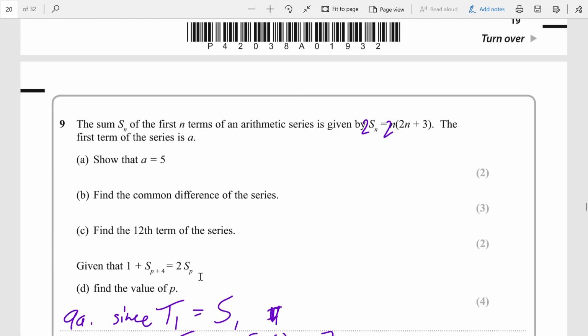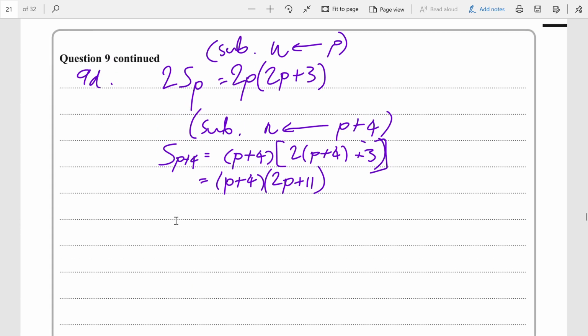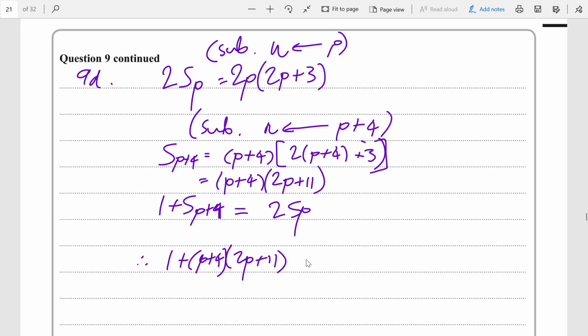So next we're going to write this equation out and solve it, because it looks like it's just going to be a quadratic equation. So for 1 plus S(p plus 4) to be equal to 2Sp, it's going to be 1 plus (p plus 4) times (2p plus 11) is going to be 2p times (2p plus 3).